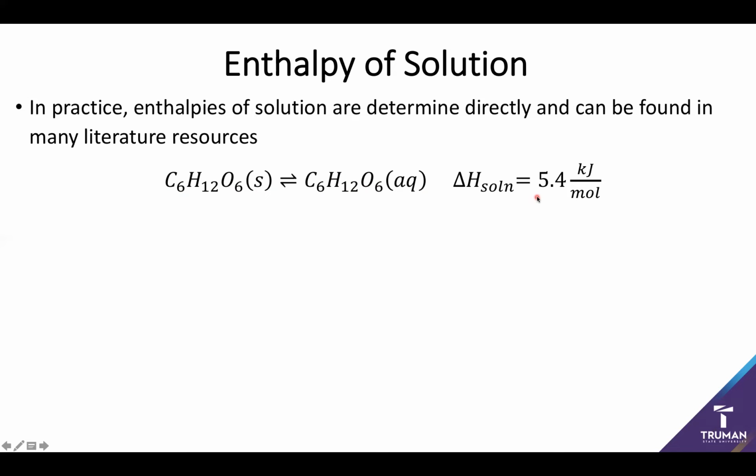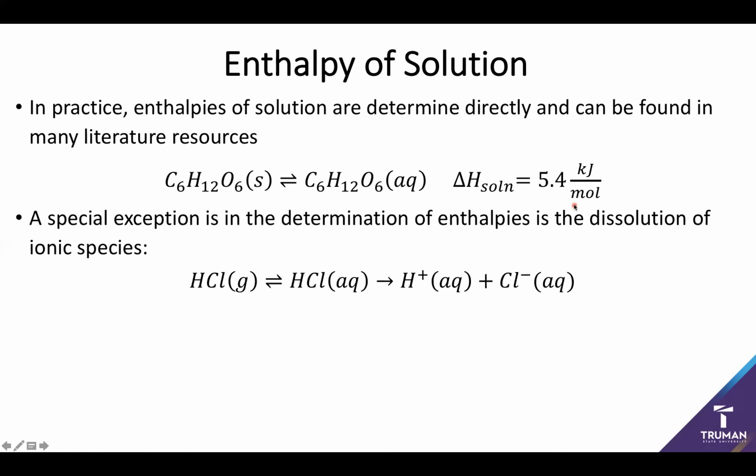Now, one of the big notable exceptions for trying to just determine enthalpies of solution by looking them up in the literature is going to be when looking at the enthalpies of dissolution of ionic species. These can be calculated by enthalpies of formation, because if I dissolve an ionic species like HCl in water, it immediately breaks apart into cations and anions. So again, for any sort of strong electrolyte.